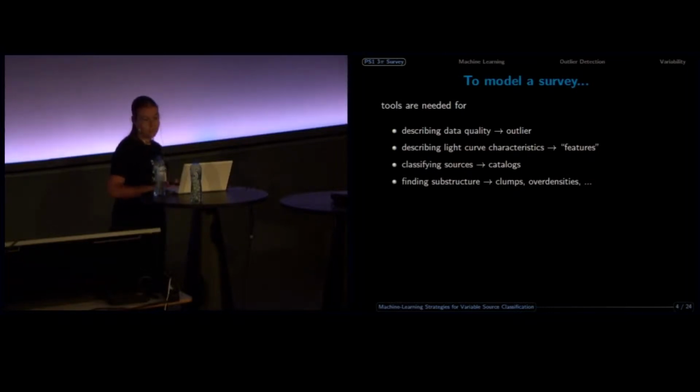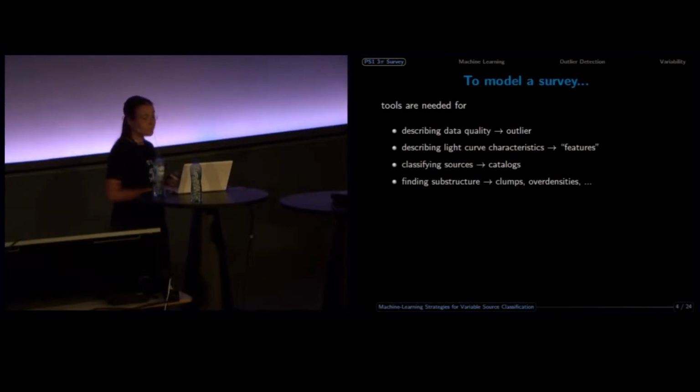These are so-called features that describe, for example, how much a light curve is varying, if there is any sign of periodicity, and so on. Then, after having features available from our own model, we can continue with classifying sources to build up catalogs. And then, when we have catalogs, we can continue with finding substructure, with taking a look at all the interesting stuff going on in a halo.